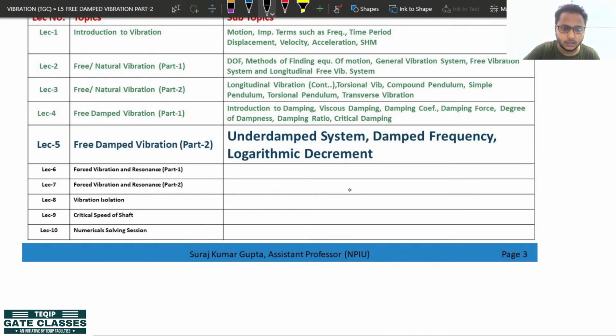We will see the under damped system, and then we can define the damped frequency, because now the system has become a damped vibrating system. So we have to find out what the damped frequency is, and subsequently we will see the damped time period also. On the basis of the damped time period, we will define the logarithmic decrement, because we know that there is a decrement of amplitude.